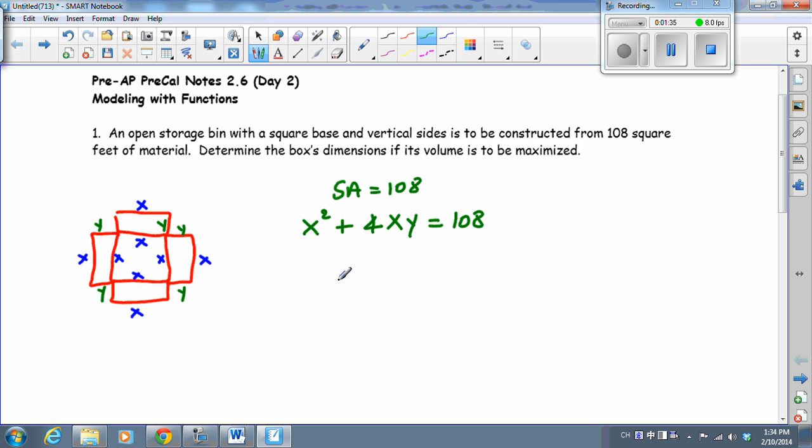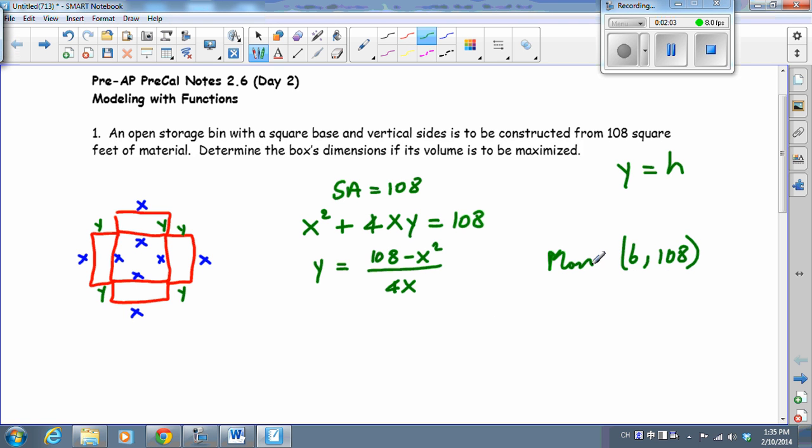So if I want to solve for this, by the way, Y represents my height here, H. If I solve for Y, I will end up with 108 minus X squared over 4X. Using your calculator and finding the maximum, you will end up with the maximum at 6, 108.